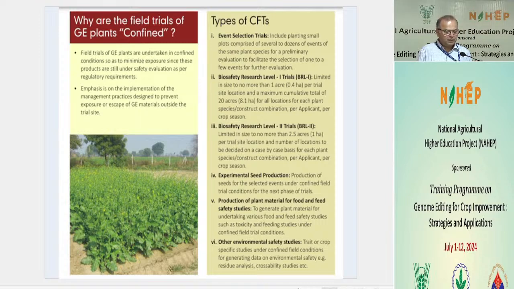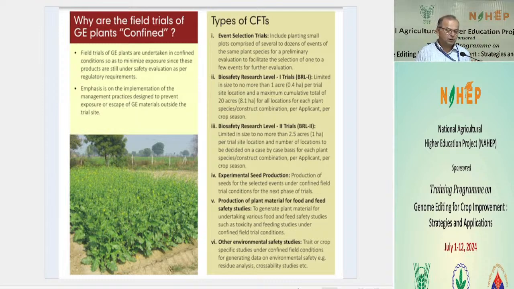So primarily CFTs are conducted for event selection. Event selection means you have developed multiple transgenics. Now some transgenics will be good in expressing the trait, some may not be satisfactory. So that is called event selection trial: which event is very good or manifesting the trait in a very effective way.